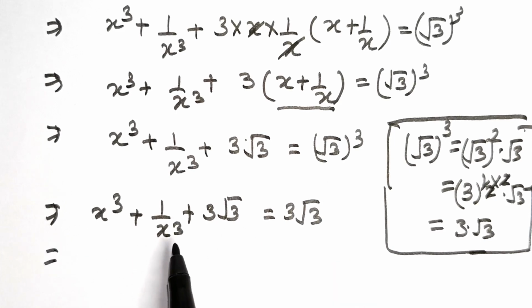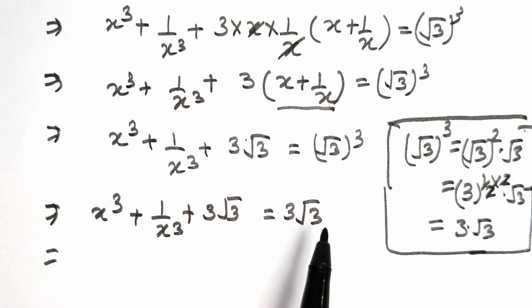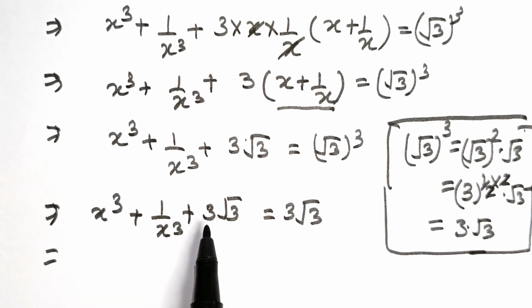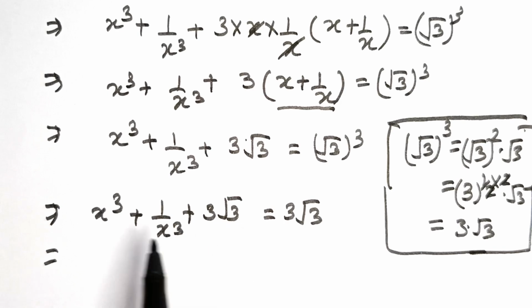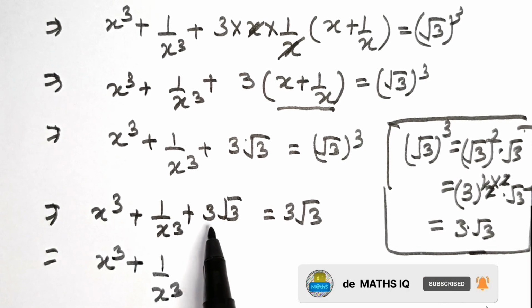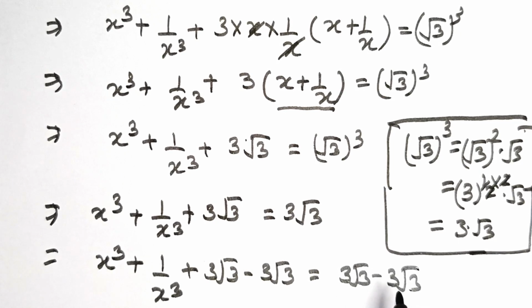Now subtracting 3 root 3 from both sides of the equal sign. Any operation on both sides of the equal sign will have no net effect on the question. So subtracting 3 root 3 from both sides will give x cube plus 1 upon x cube plus 3 root 3 minus 3 root 3 is equals 3 root 3 minus 3 root 3.